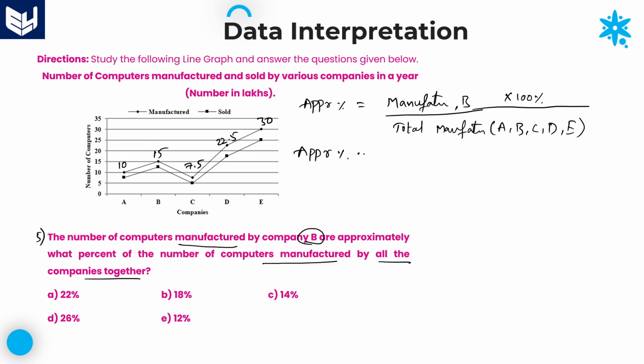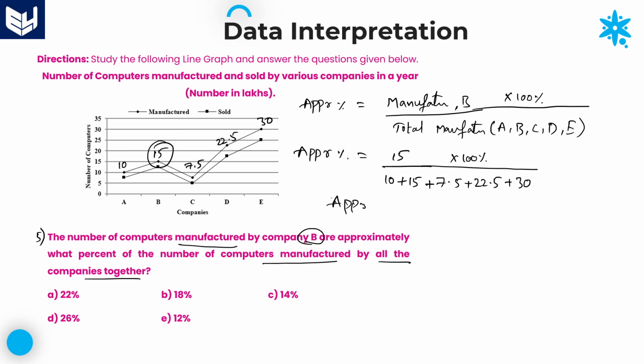Therefore the required approximate percentage is equal to the manufacturing computers from company B, that is 15, as the numerator. Now in the denominator you need to add all the values, the total manufacturing computers in each and every company: 10 plus 15 plus 7.5 plus 22.5 plus 30. That is the total manufacturing units. And into 100 is the common point.